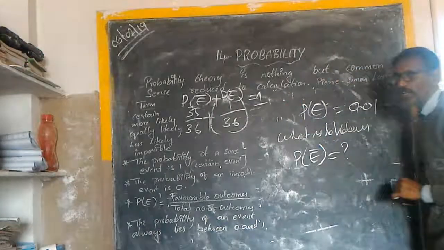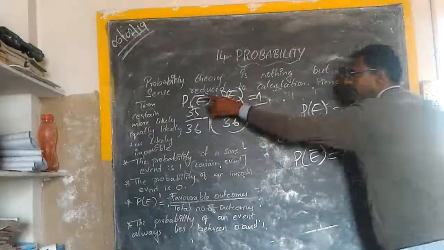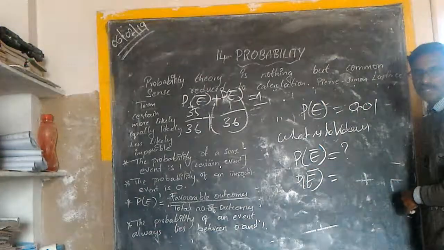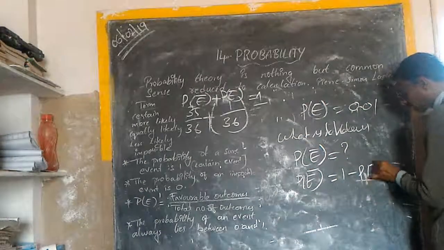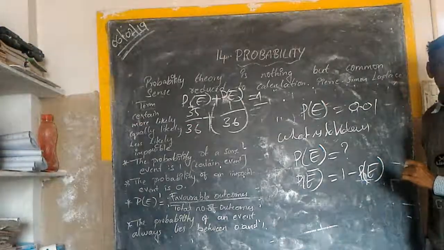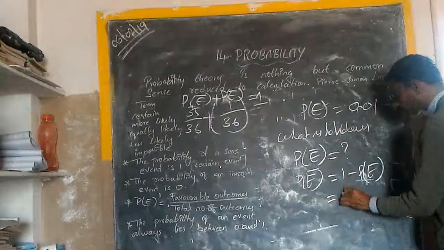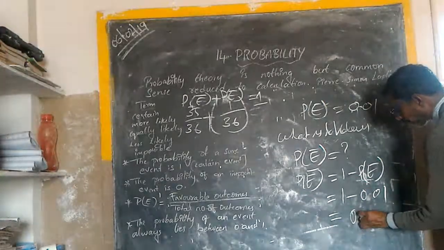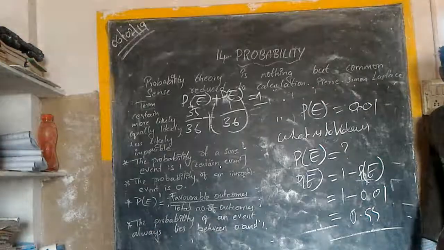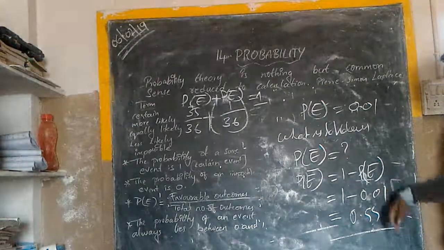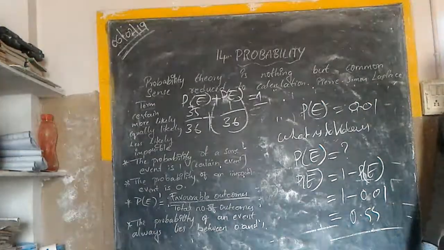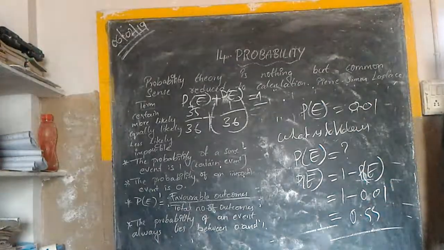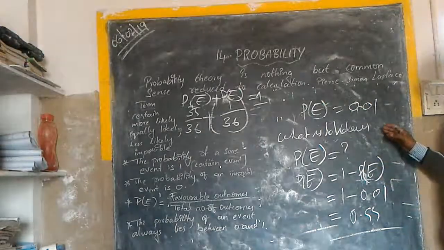This plus this is equal to how much? 1. I need this one. P of E complement is equal to 1 minus P of E. Can I write like this or not? Yes. That is equal to 1 minus 0.01, which is nothing but 0.99. 0.99 plus 0.01 is how much? 1 only. By adding these two again you get 1 only. Is it clear? They will ask some questions like this.